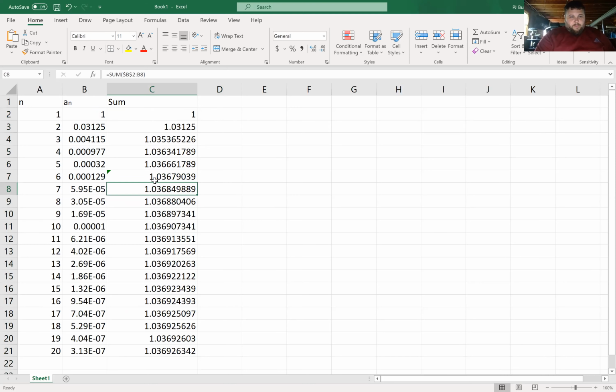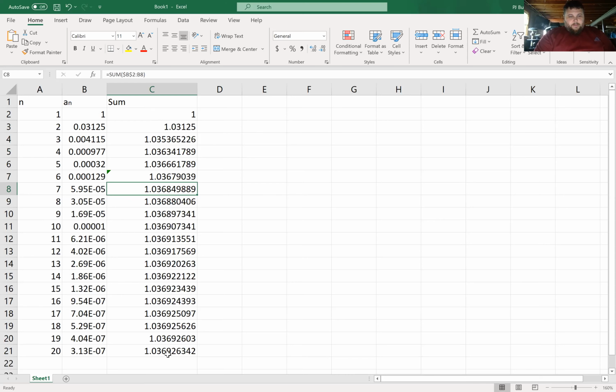That's fine. So 1, 2, 3, 4, 5. Okay, so we're looking for the digits to be the same all the way out to 5 decimal places. Well, this is 368, 369. Looks like 369 the whole way.